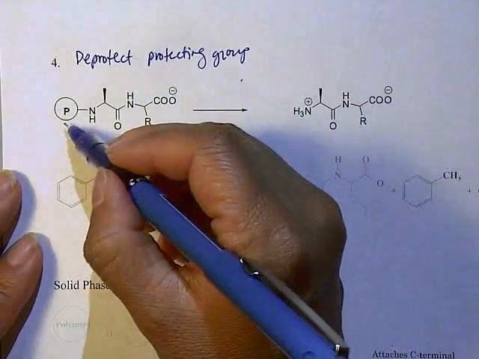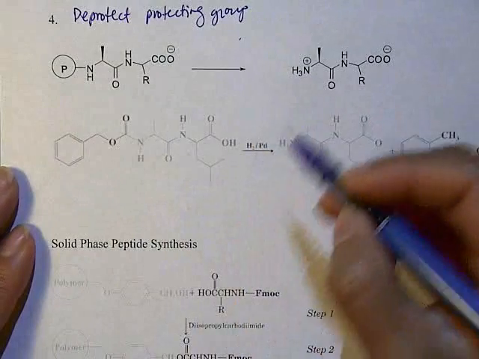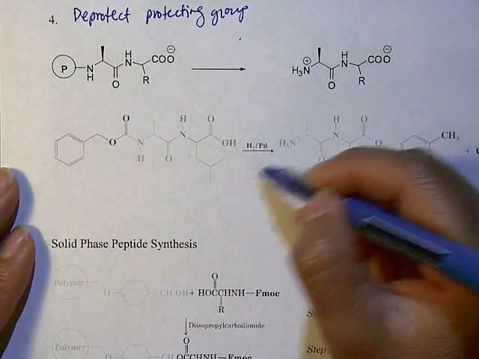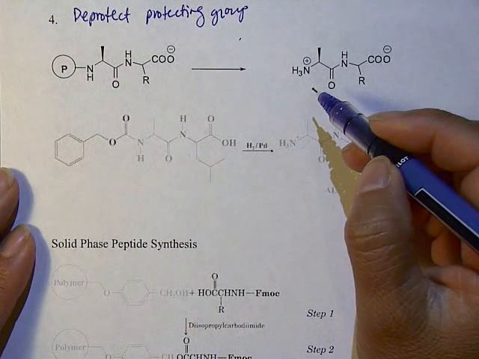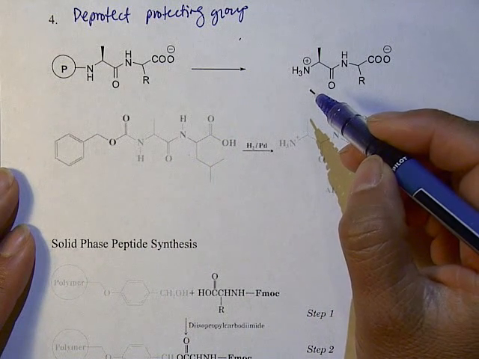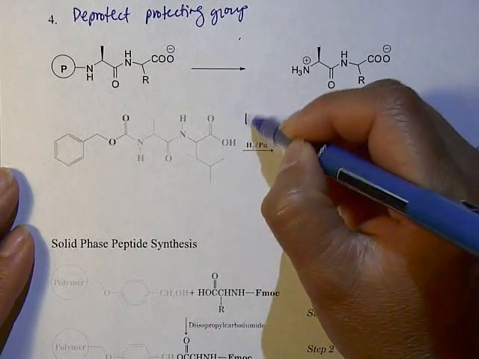So notice the P is taken off in this general scheme. And then in this example, this protecting group happens to come off very easily with hydrogenation, but basically the BOC and the FMOC group, they come off very easily with acid and water.